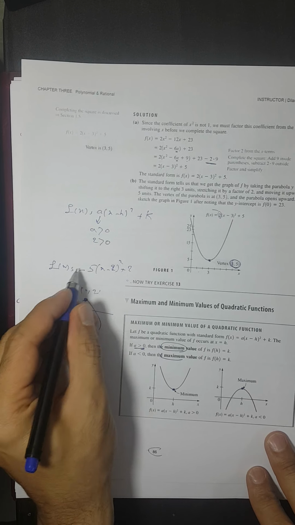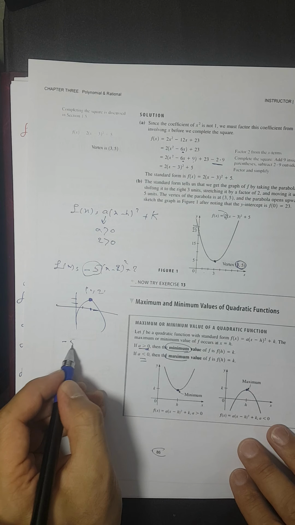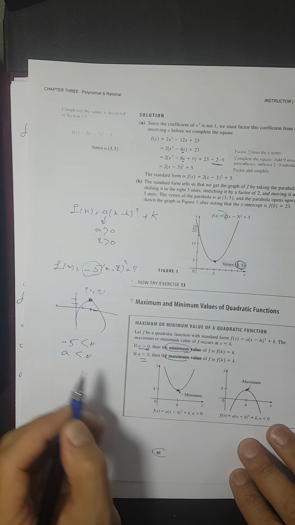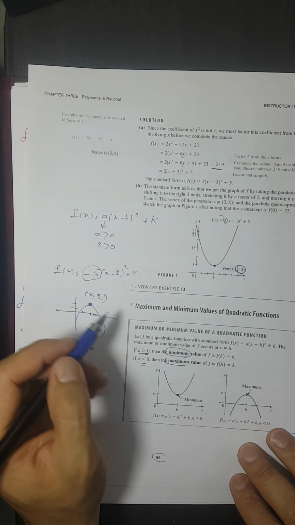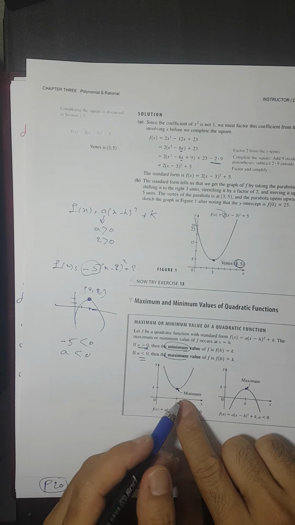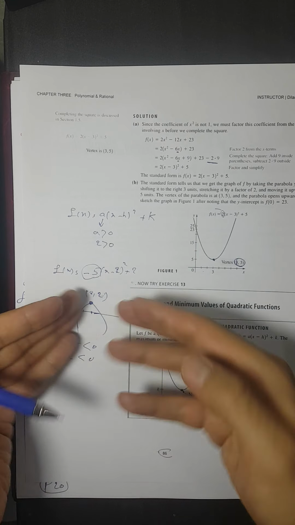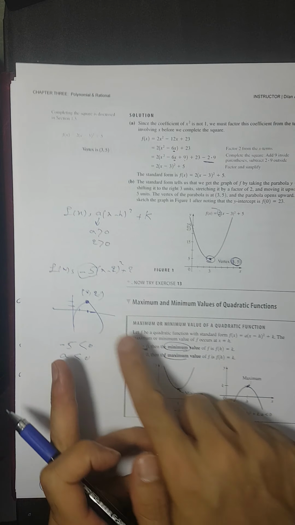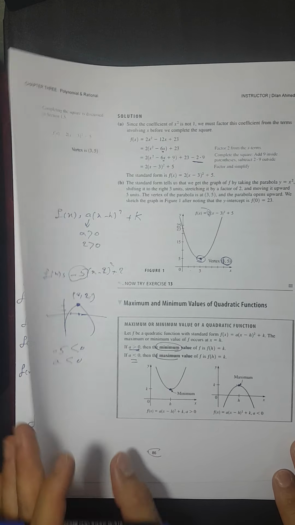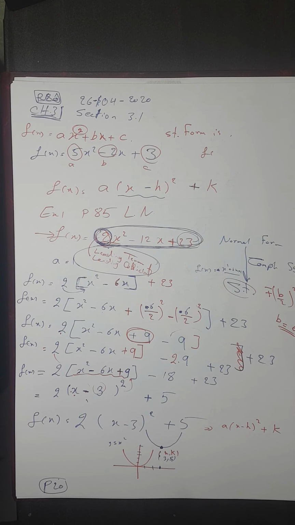Because a is negative, minus 5 is less than 0, this vertex will change. We call it a maximum point, because the graph changed. In the earlier case the vertex is the minimum point, and here we call our vertex a maximum point. So also this one is about page 86.